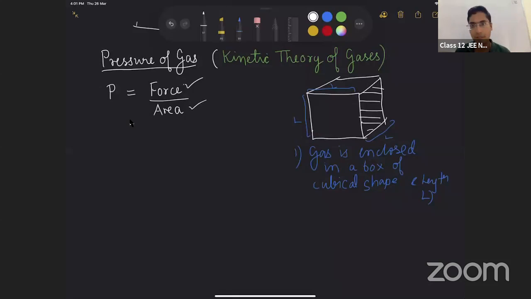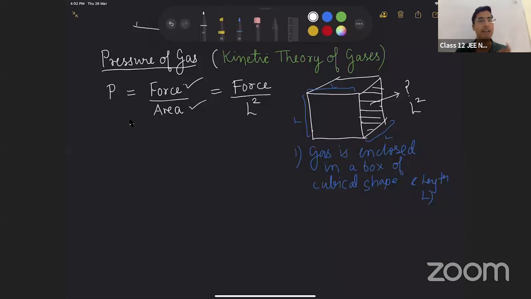What is the area of the wall? The area of the wall is L square. So the pressure, as per this model, is force upon L square. Correct? So now I know the area of that wall. All that I have to do to find the pressure of the gas is to find the force on that wall.